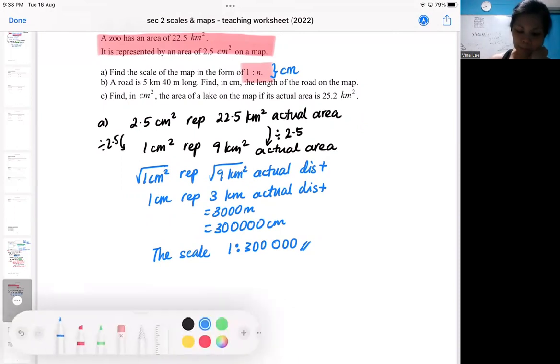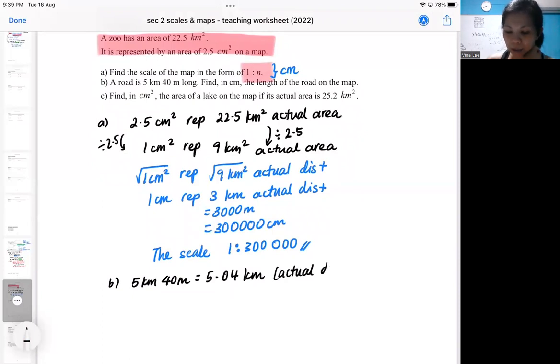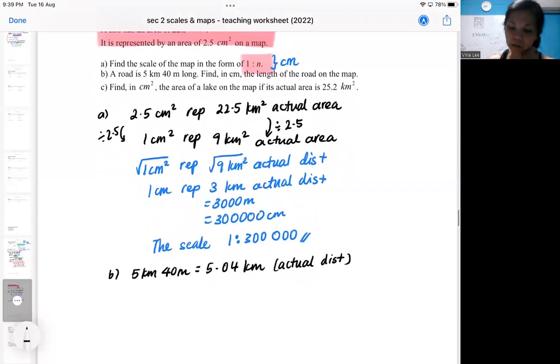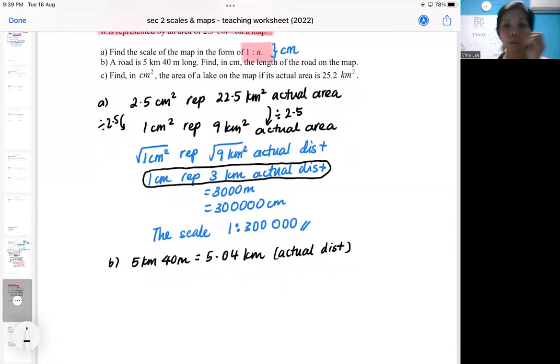For example, in part B, the road is 5 kilometer and 40 meter. In this case, please convert to kilometer first. This is the actual distance. I'd like to find the map distance. So you gotta think about this part. Every 1 centimeter is 3 kilometer, so every 3 kilometer will reduce to 1 centimeter.